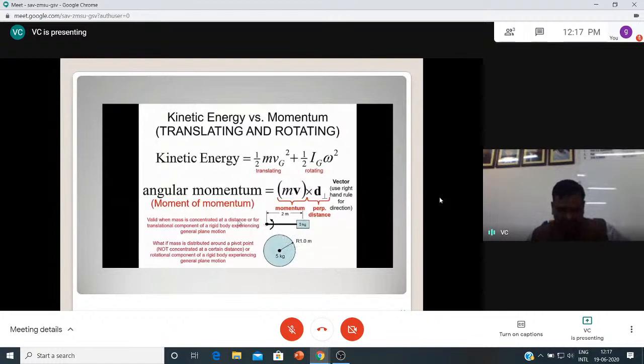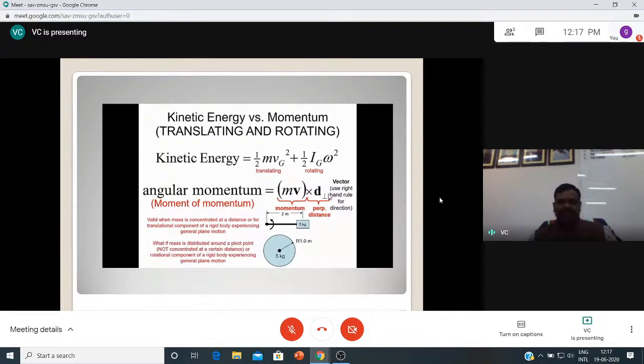But here one point is, when the mass is concentrated at a distance, it is a translation component of a rigid body experiencing general plane motion. When the mass is distributed around the pivot joint, not concentrated at a certain distance, it is the rotational component of a rigid body experiencing general plane motion. The combination of translation plus rotation, we consider plane motion.